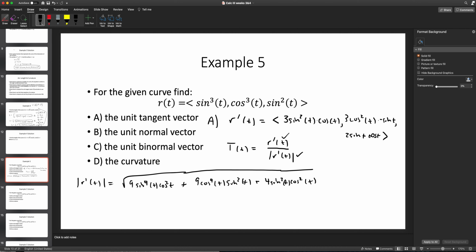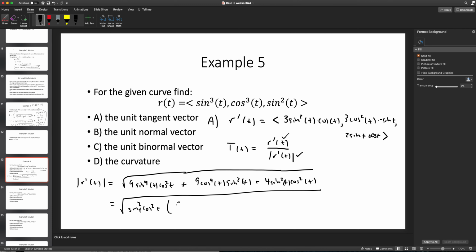I see sine squared cos squared is in common, so let's bring out sine squared t cos squared t.